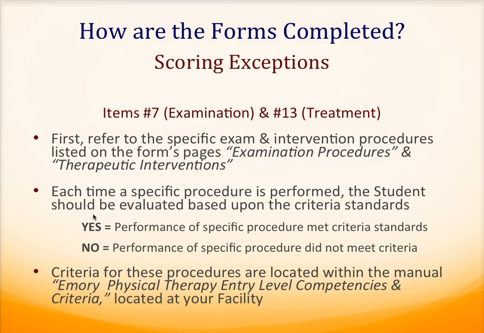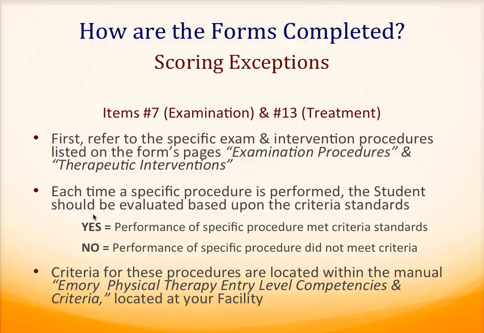Our second scoring exception addresses items number 7 and number 13, which relate to patient examination and therapeutic interventions. In order to score these two items a yes or a no, the instructor must first keep a record of the specific procedures that the student has performed.